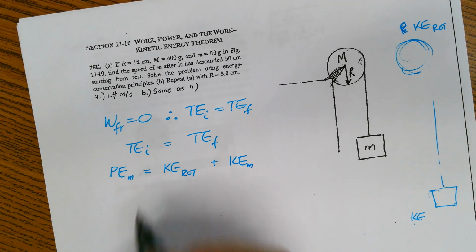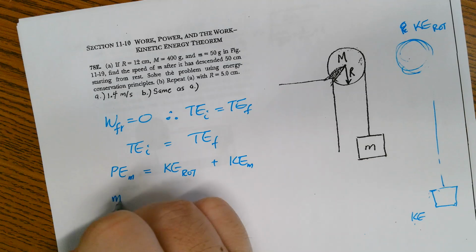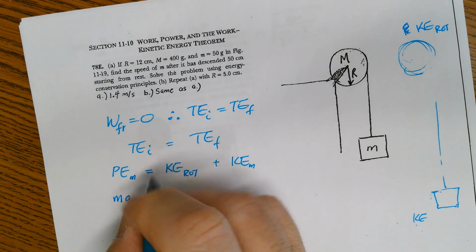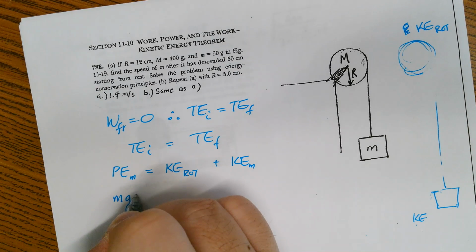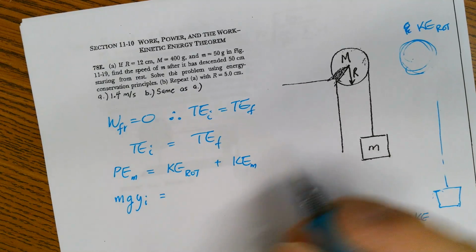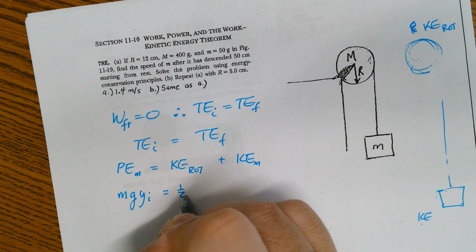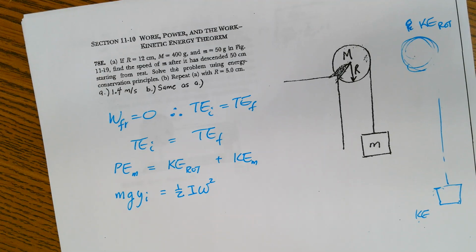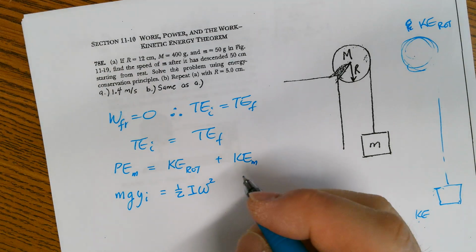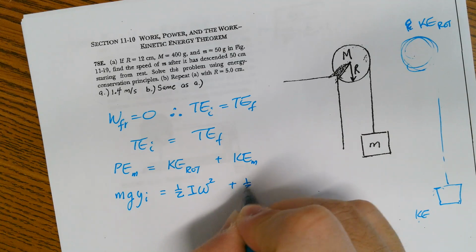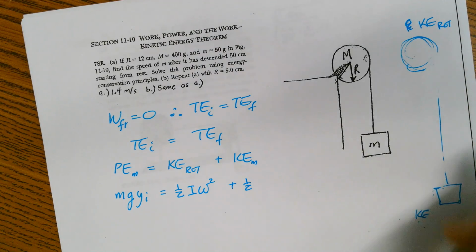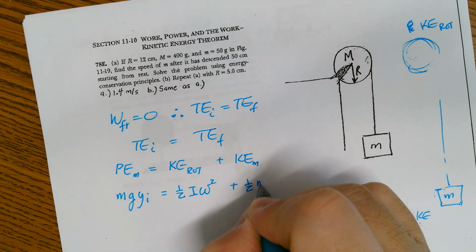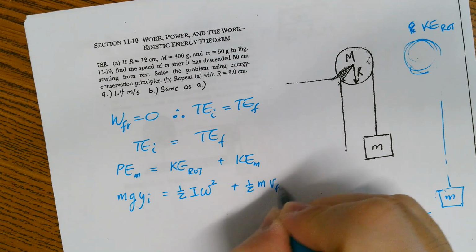So here I have mg y initial is equal to 1/2 I omega squared plus 1/2 this m, v final squared.